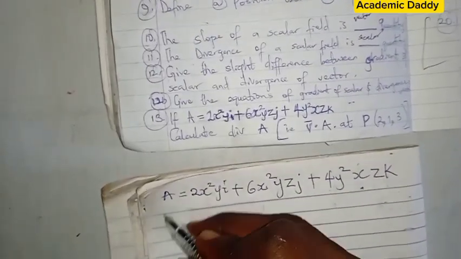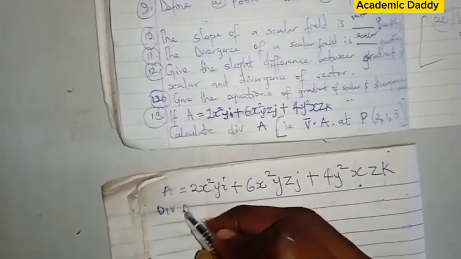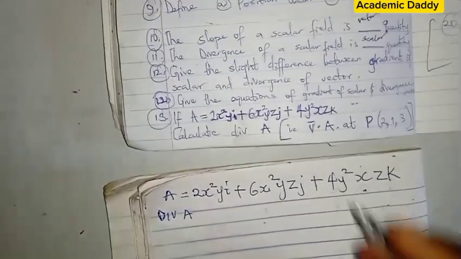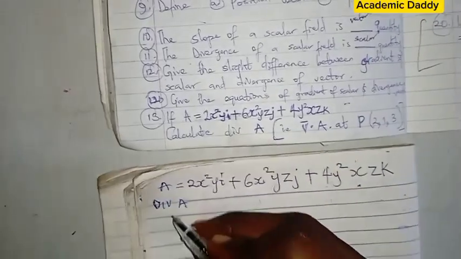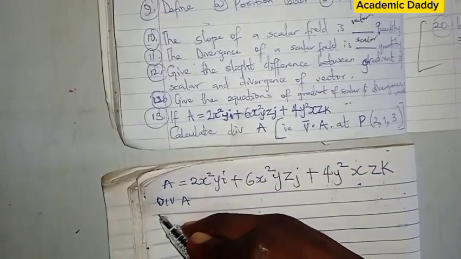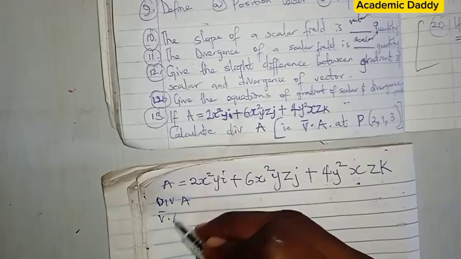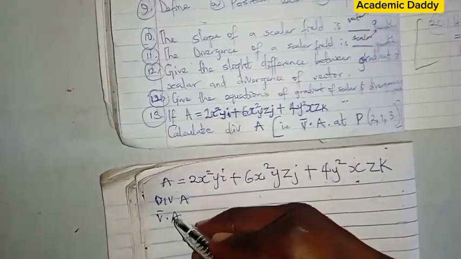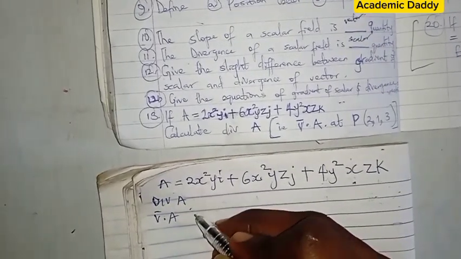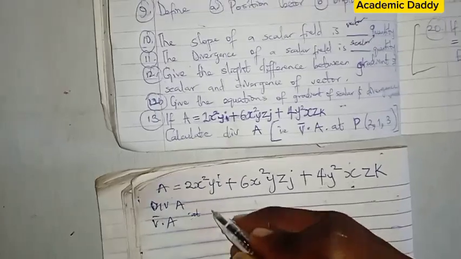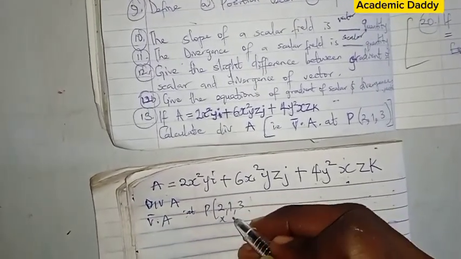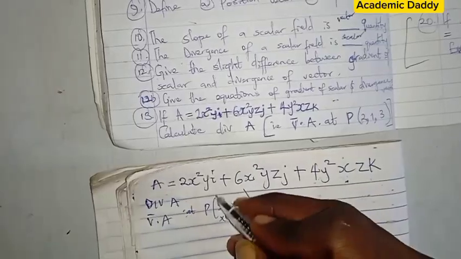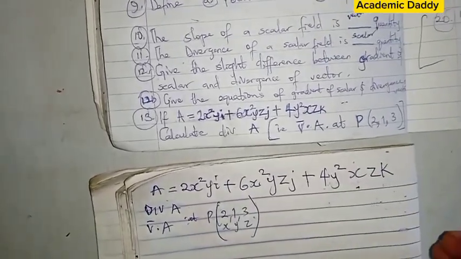Then they say calculate div A. That is, the derivative dot product of A, so V dot A. If you don't call it div A, you call it this. At the point (2, 1, 3), which means x, y, and z. Okay, so we've copied out the question.